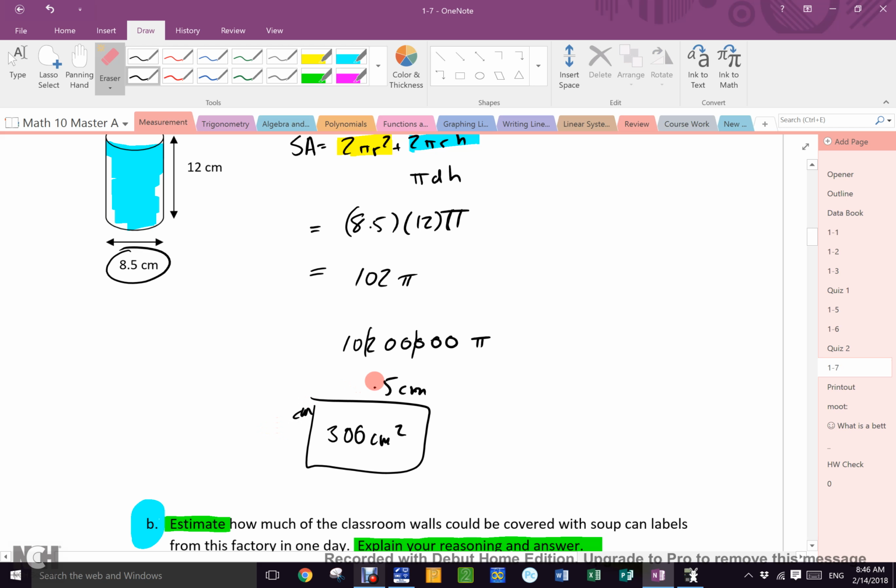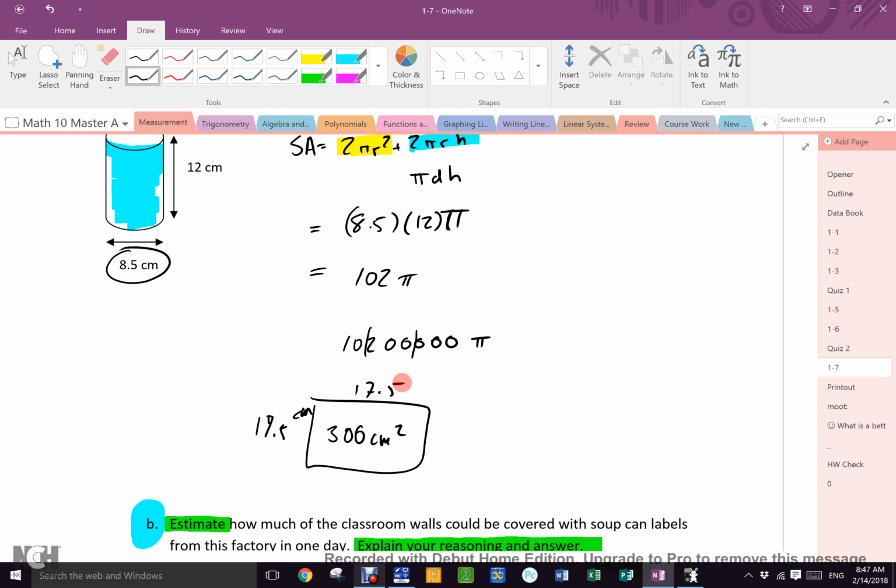Not 5.5, dummy head. 15. Let me think. 17 squared is 289. 18 squared is 324. So 17.5 by 17.5. So if you made a square this big, that's enough to cover 1 can.